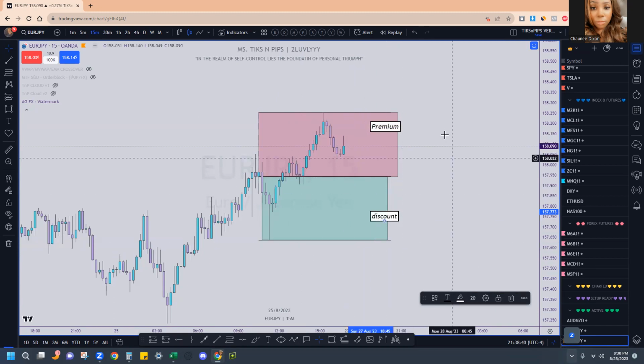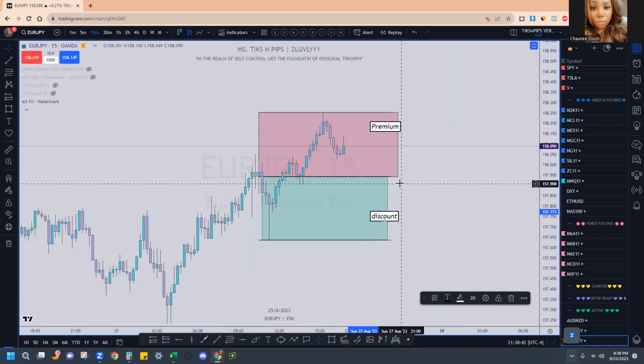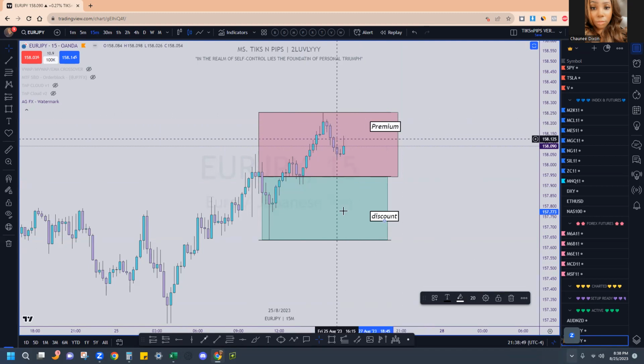Does anybody need to screenshot this before I take this off? And does everybody understand, or is everybody with me so far on why this is the premium and why this is the discount area of the fib? Guys, you cool? You can just mark it on the swing low, right?